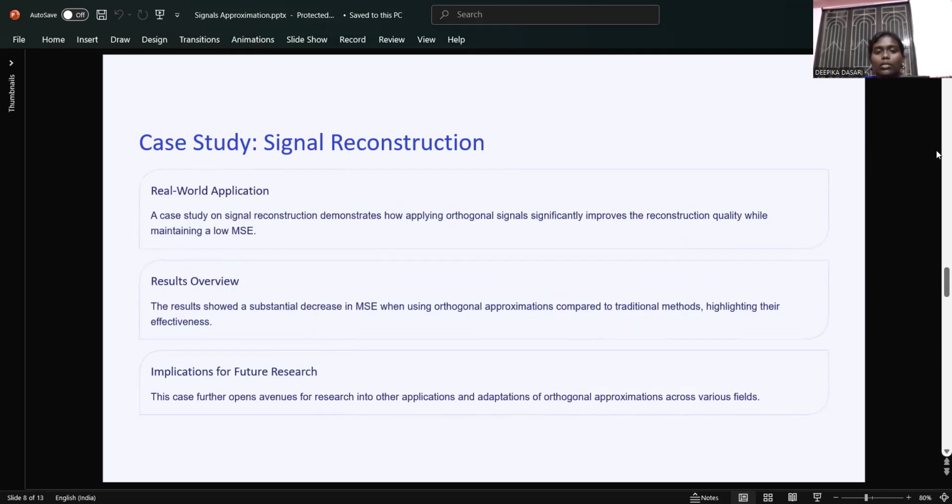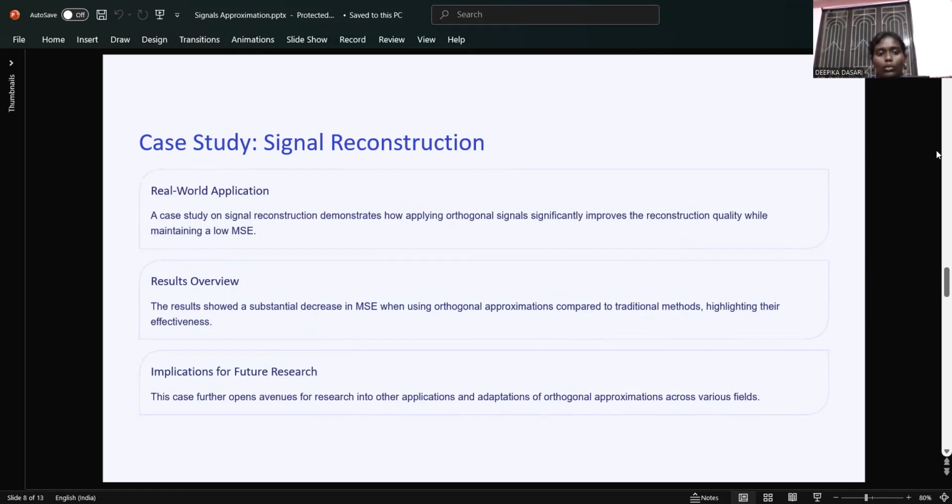Here is the case study on signal reconstruction. As a real world application, this case study on signal reconstruction demonstrates how applying orthogonal signals significantly improves the reconstruction quality while maintaining a low mean square error.